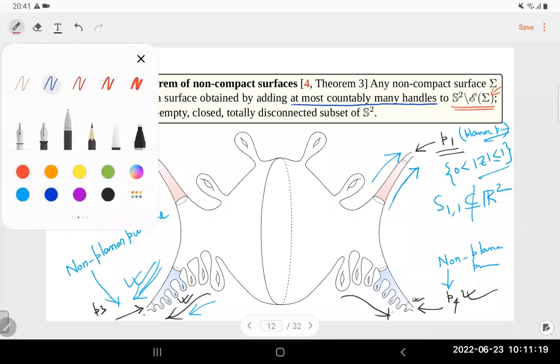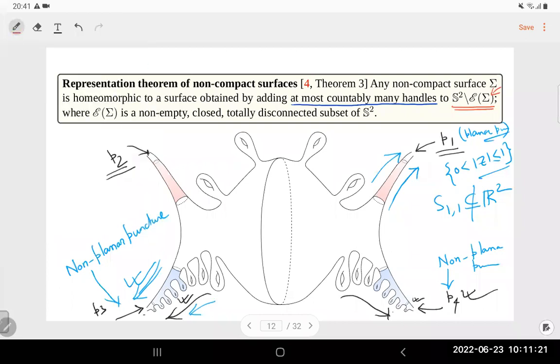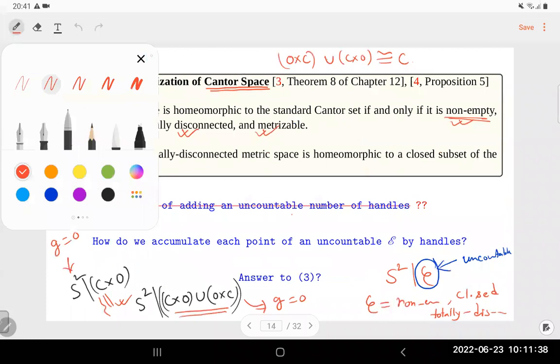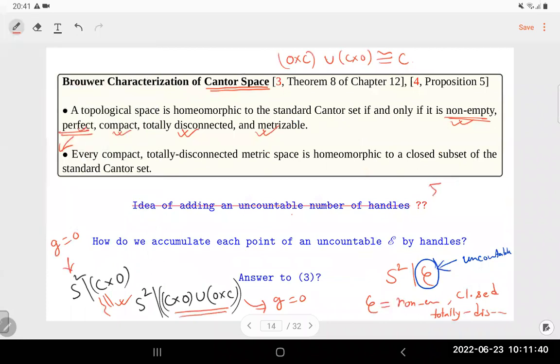There is also an alternative way of answering why not uncountably many handles. Suppose you are given an abstract surface with a smooth structure. A smooth structure gives you a handle structure. Using the handle structure, you can construct a compact exhaustion.